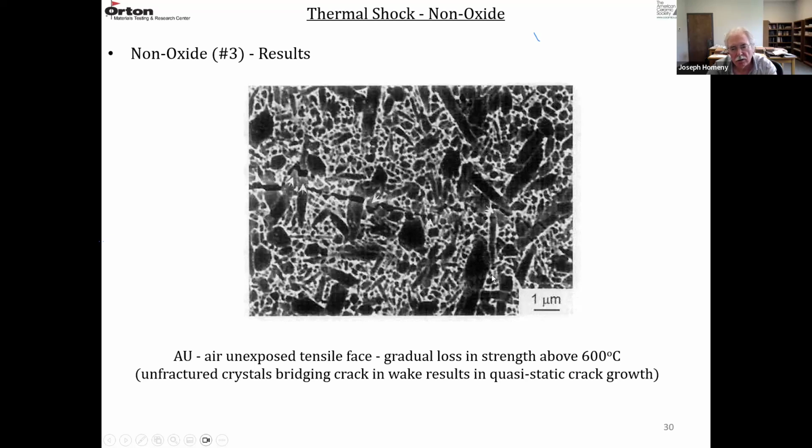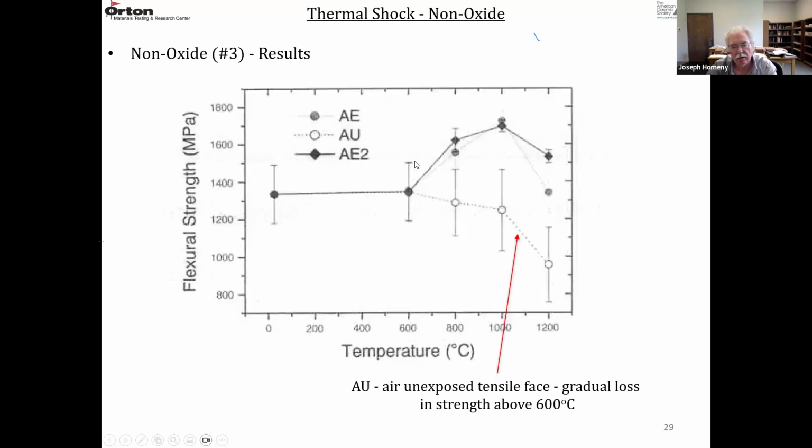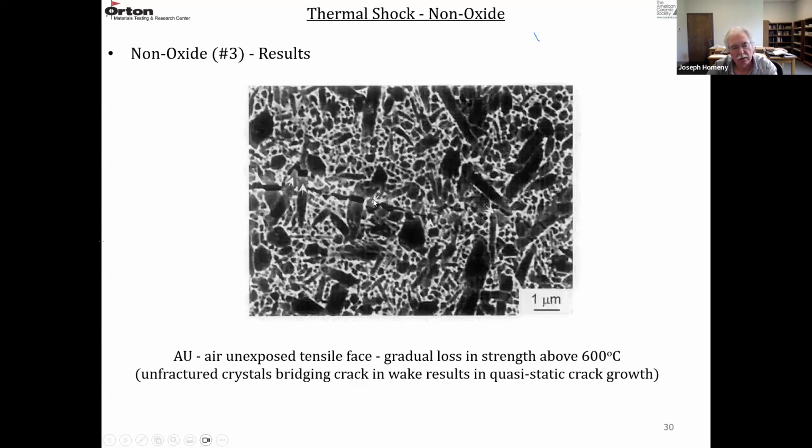And here's another one bridging the crack. It looks like it eventually fractured. So we have these crystals bridging the crack in the crack wake, and that gives it this quasi-static crack propagation. It's just a gradual loss in strength with increasing delta T. And we have a more tortuous fracture path, but it also has bridging in the crack wake due to these elongated crystals.